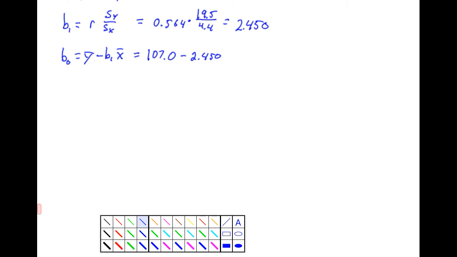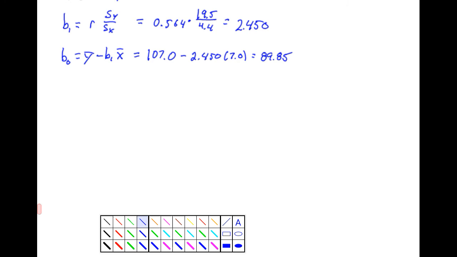Again, in our previous example, we talked about the context, so this means for every 1 gram of sugar that's added, we would expect the calories to increase by 2.45 calories. Our mean calories are 107.0, and this equals 89.85. So now we can write a regression model out.